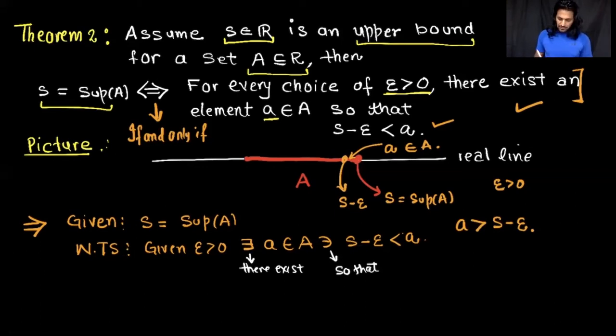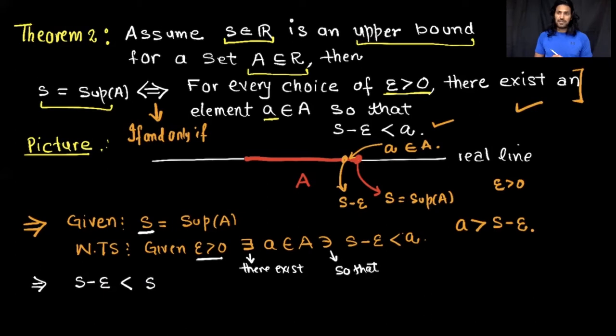So we will start from what is given. The given is s is the supremum, and also epsilon is greater than 0. So we have a number s, and we have a number epsilon, which is given now. Therefore s minus epsilon will always be less than s, because epsilon is a positive number.